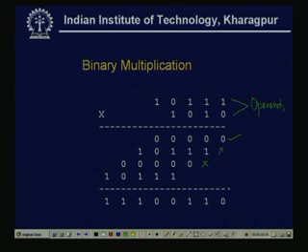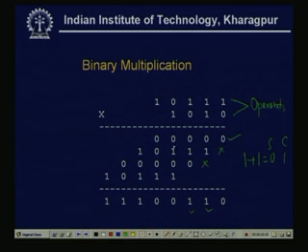Now, only binary addition I have to apply. So, this is 0. Now, 0 plus 1, we have already seen, is 1, 0 plus 1 is 1 and 1 plus 0 is 1. Now 1 plus 1 is sum 0, because we know 1 plus 1 is sum 0 but carry 1.